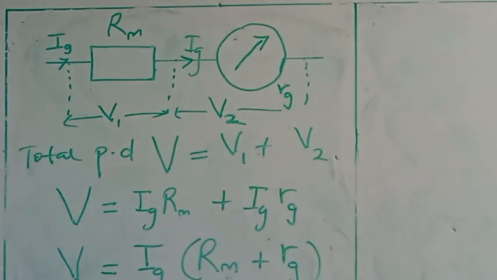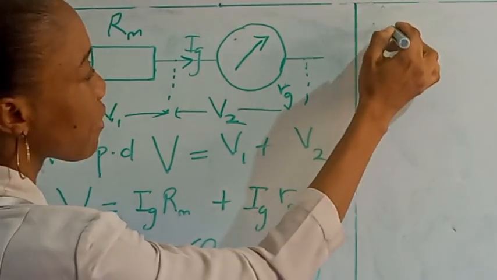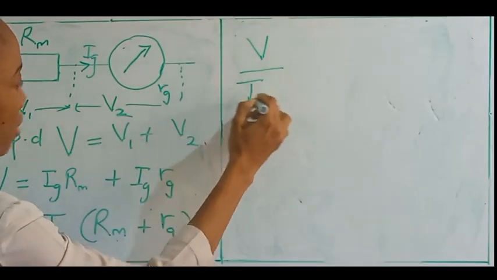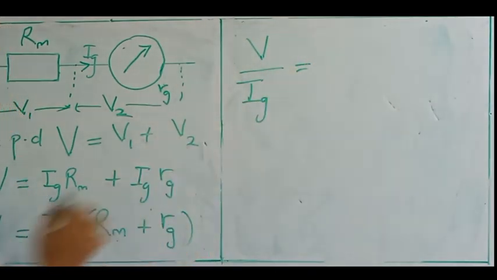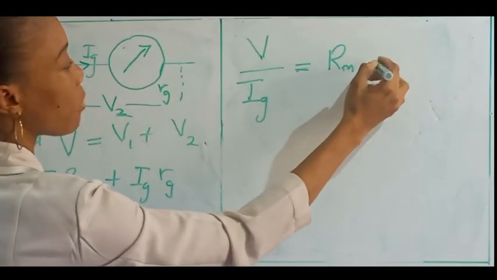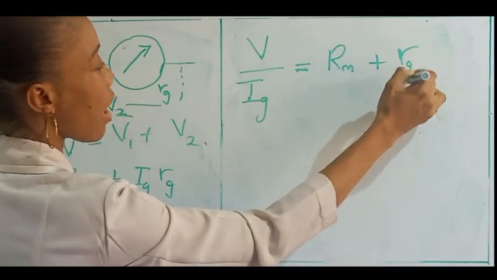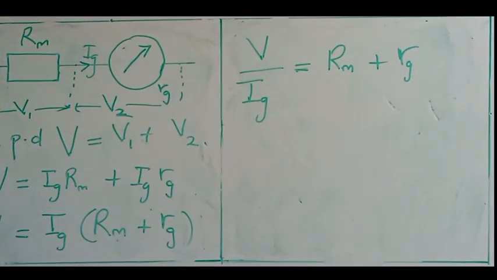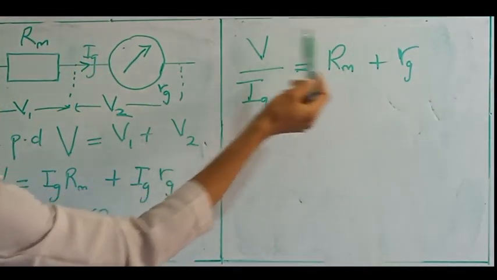If we divide both sides by IG, we'll have V over IG is equal to RM plus RG. Let's take this one to this side.